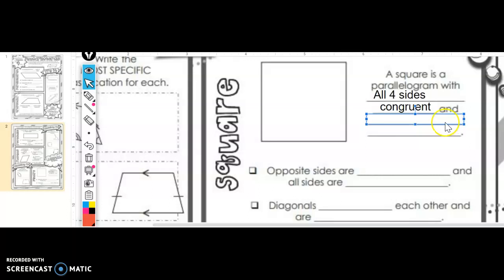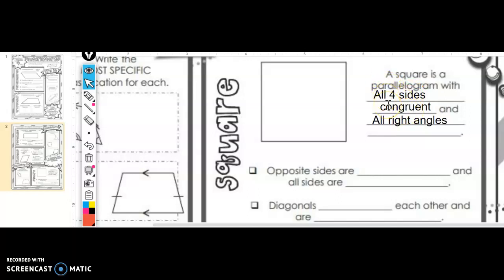And it has all right angles. Put all of that on one. So this one combines both the rectangle and the rhombus. The rectangle is the fact that it has all four right angles. And the rhombus part is that all four sides are congruent.